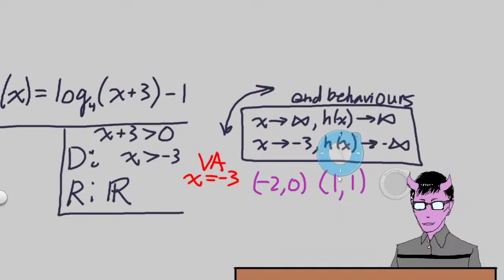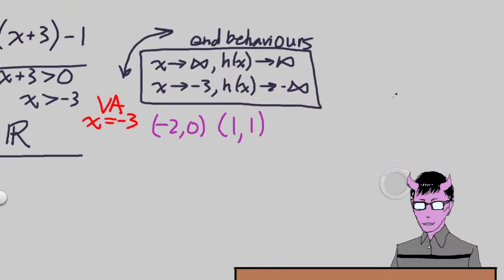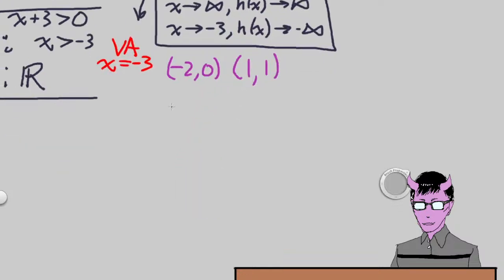At this point we have enough to sketch out the rough graph. Place the wall at negative 3.